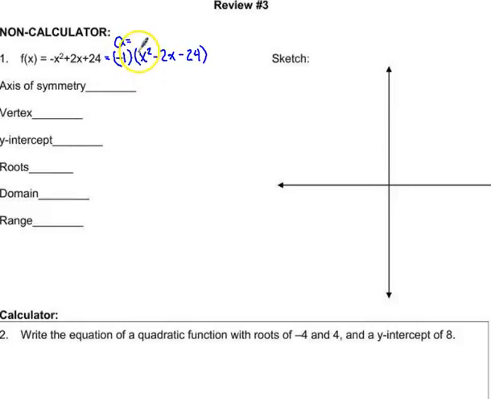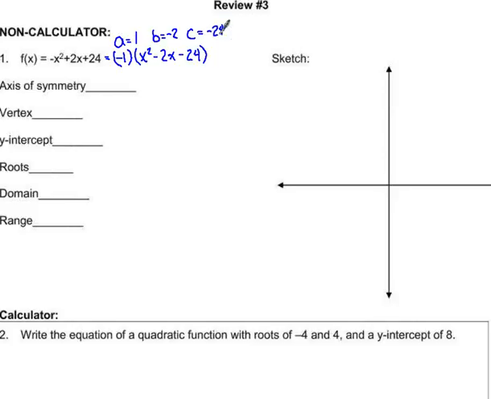So for this case, A is equal to 1, B is equal to -2, and our C value is equal to -24. All right?